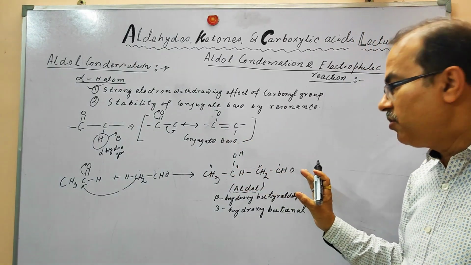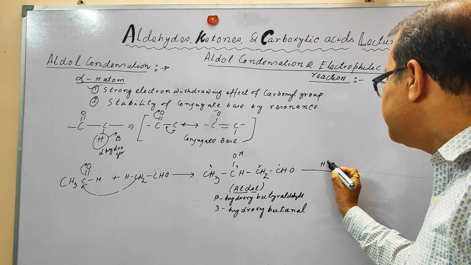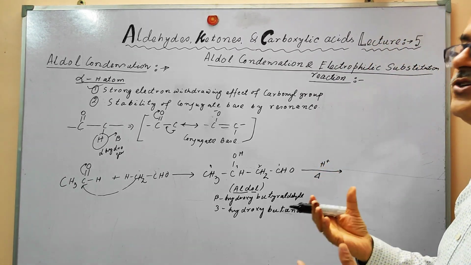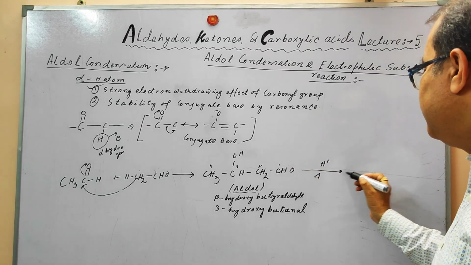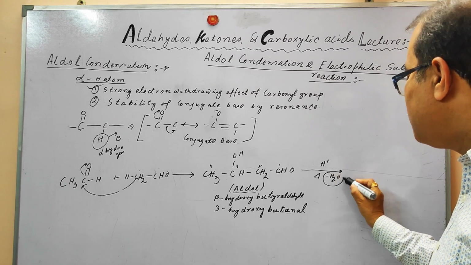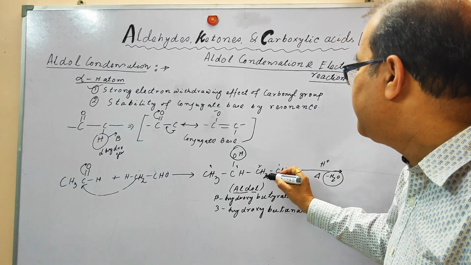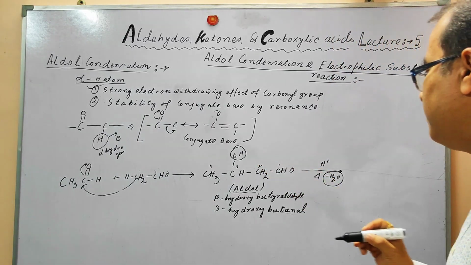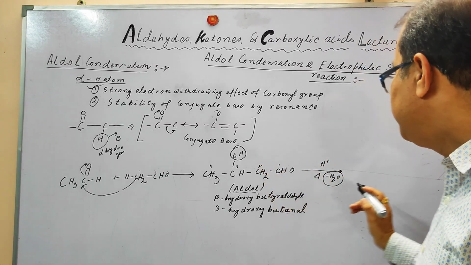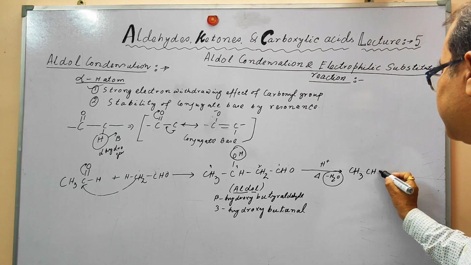This reaction is called the aldol reaction, and further, in presence of H plus ion, in presence of dilute acid, when we heat this product, there will be elimination of one molecule of H2O. This OH and a hydrogen atom combine with each other and come out from this aldol product, and it is going to give the aldol condensation product.